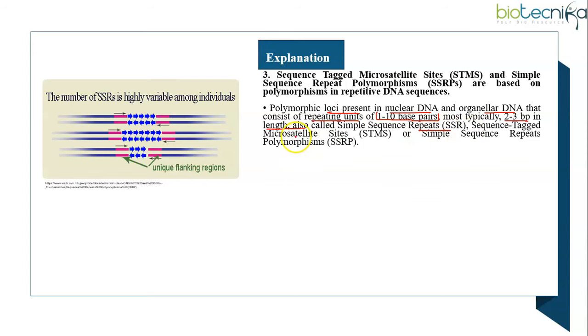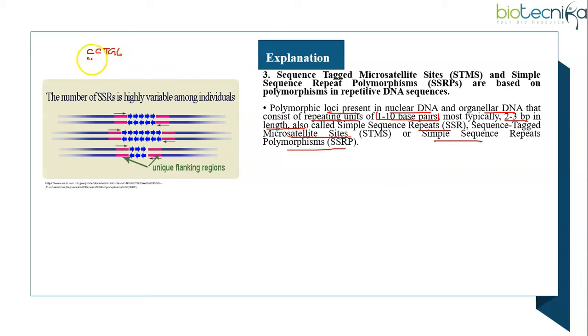Sequence tagged microsatellite sites or simple sequence repeat polymorphisms. So microsatellites or simple sequence repeats are molecular markers based on tandem repeats of short sequences, around 1 to 10 base pairs, that are abundant and widely dispersed throughout most eukaryotic genomes. For example, the sequence can be CCTGC.